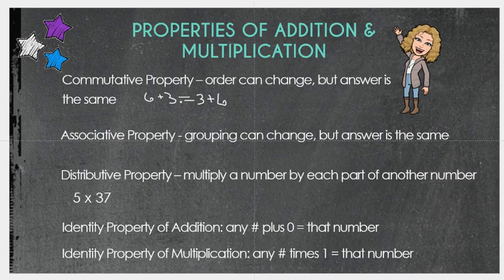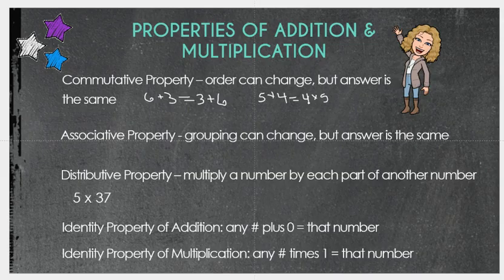So 6 plus 3 is the same as 3 plus 6, or 5 times 4 is 4 times 5. And in earlier grade levels, they may have called these turnaround facts because the facts are switched around and you get the same answer.